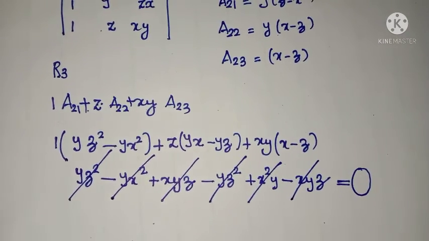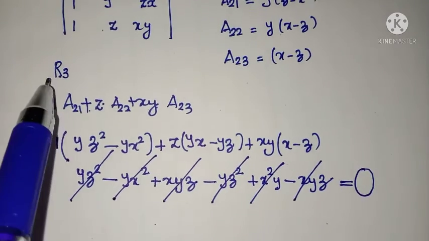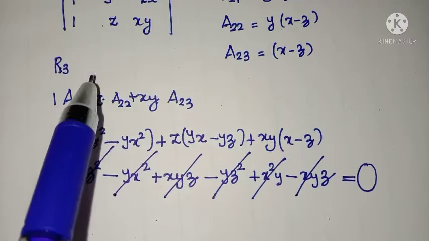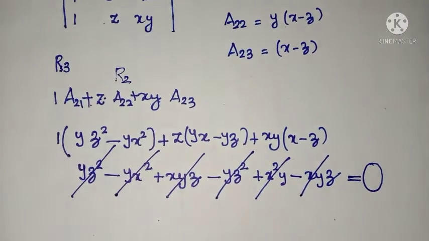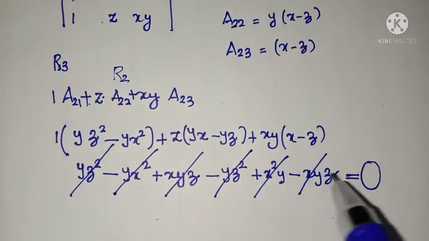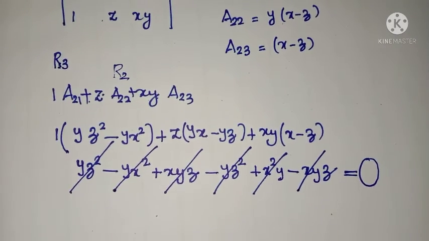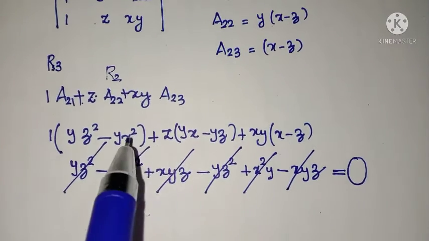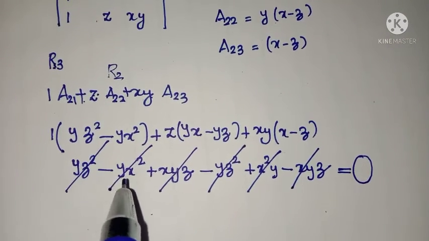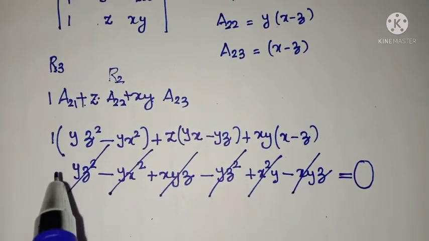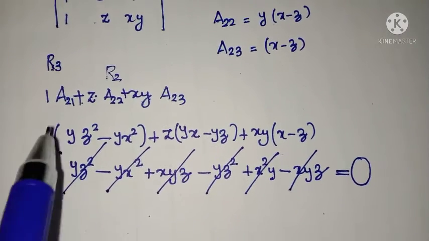Listen, children, we multiply the elements of R3 with the cofactors of R2 and take their sum. So we observe that the expression is equal to 0. So if elements of a row or column are multiplied with cofactors of any other row or column, then their sum is 0.